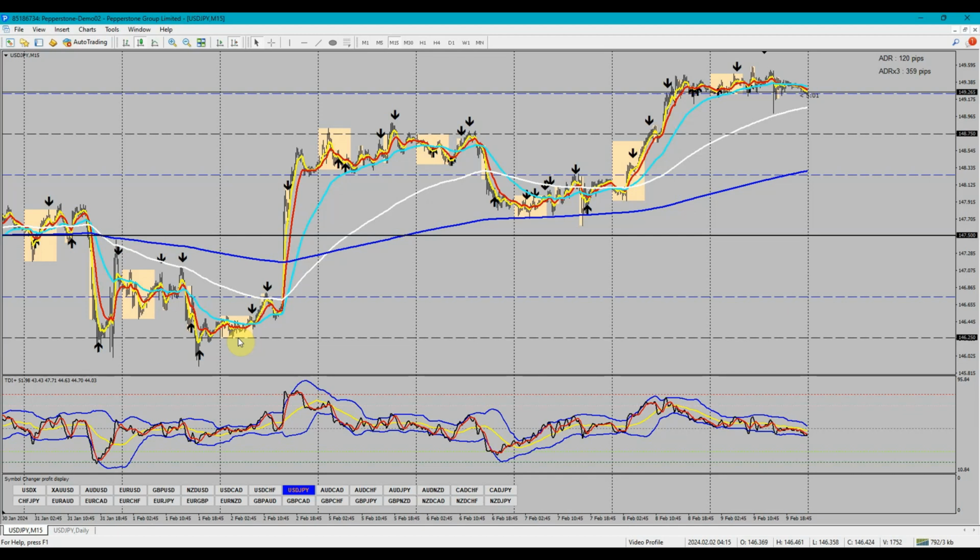An average is, like I said, the sum of the things divided by the number of things. So it's the sum of the pips that price would have moved, meaning how far it would have moved from the absolute low to the absolute high, for the past 14 days. And then you get the sum of all of those, and then you divide that by 14, and we get 120.